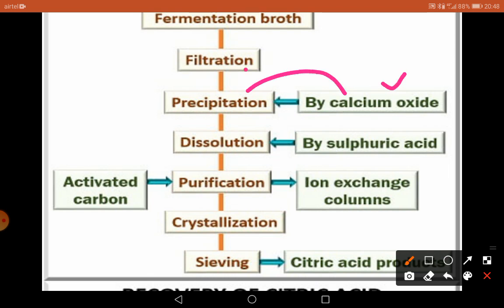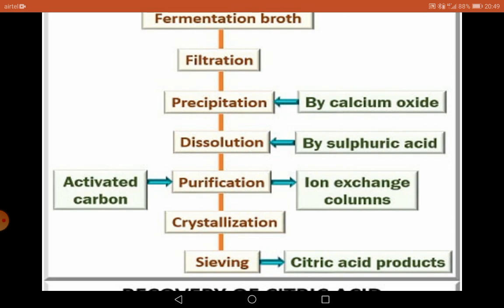This binds with the citric acid to form calcium citrate, and then we dilute this by adding sulfuric acid, and then we add activated carbon, and then purification by ion exchange chromatography, and then crystallization and filtration, and we get citric acid as a product.